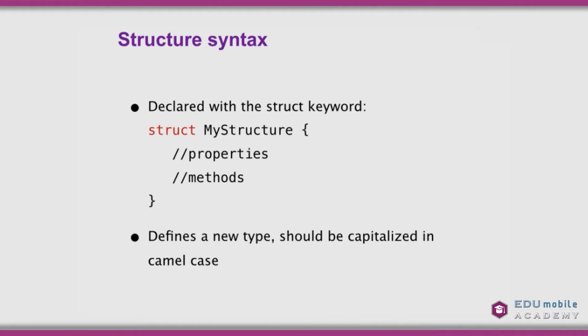Well, we have the struct keyword, and that's it. That's all. So here we have struct MyStructure with its properties and methods. It defines a new type. It should be capitalized in camel case as well. So going back and forth, we see that the only thing that is different here is that one uses the keyword class and the other one uses the keyword struct.